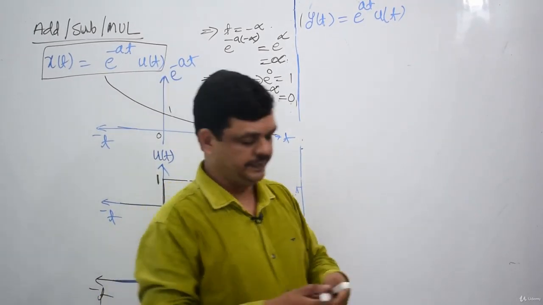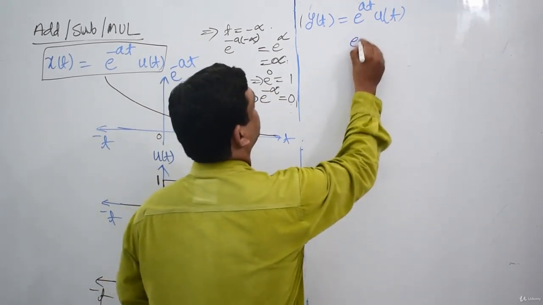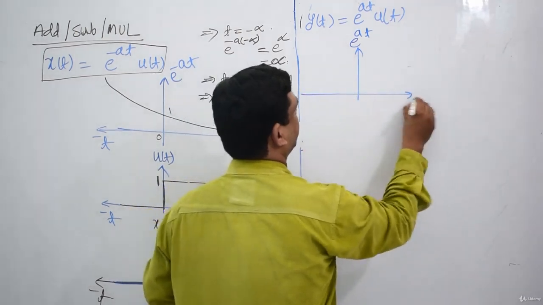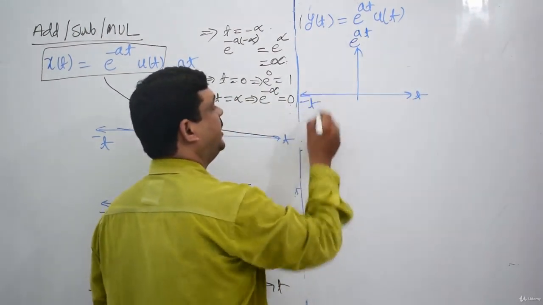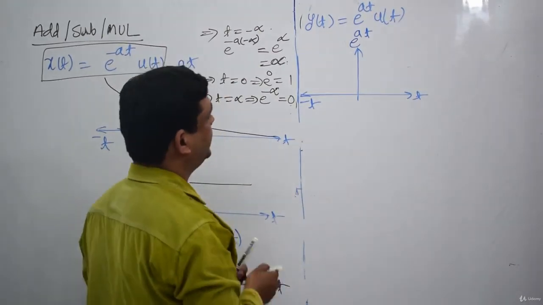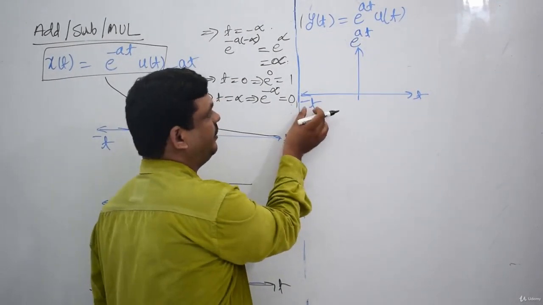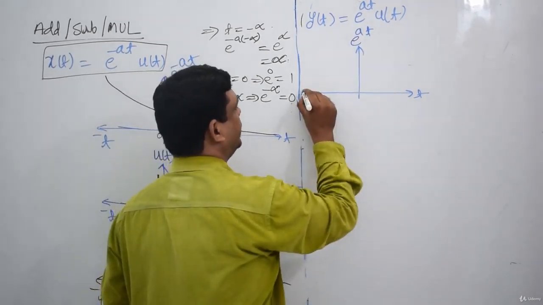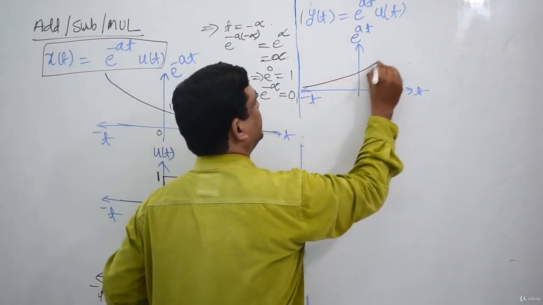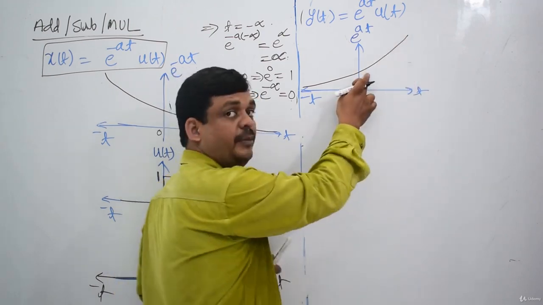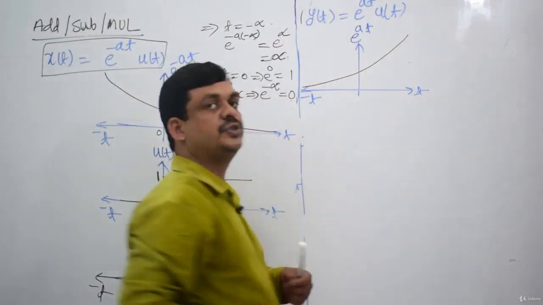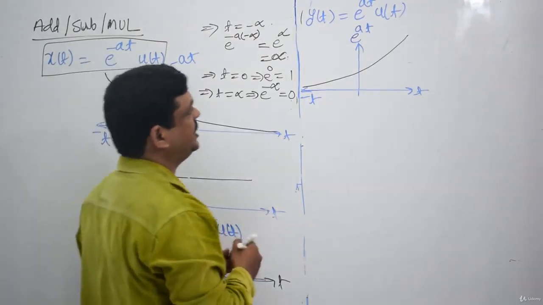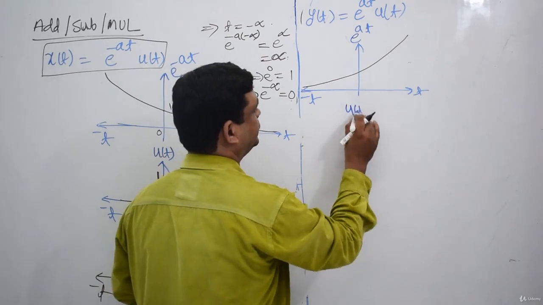Individually, e to the power of plus at is an exponentially increasing function: if the time axis is minus infinity, e to the power of minus infinity is 0, so it starts from 0 and exponentially increases. The amplitude goes to infinity at t tends to infinity. This is e to the power of at, and this function is multiplied again with u of t.